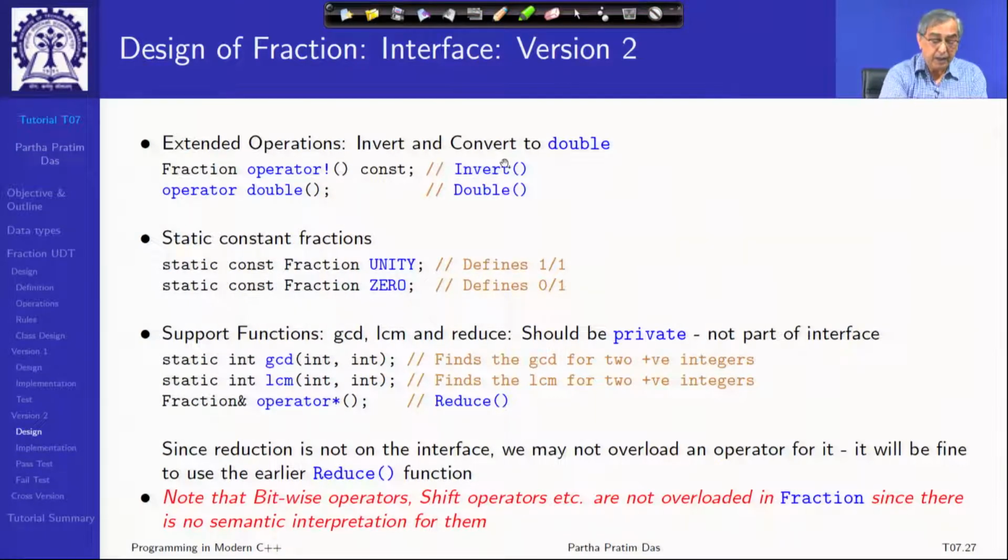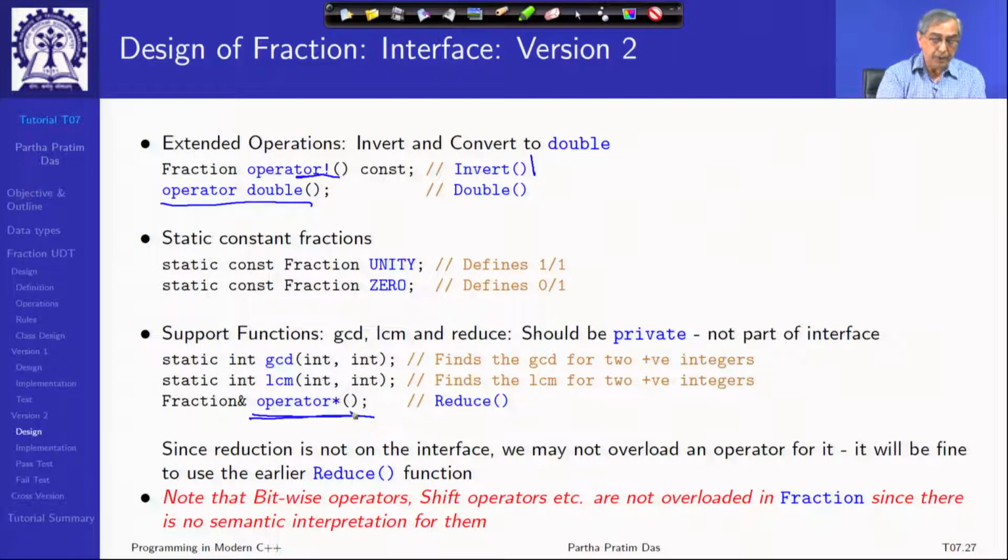So, I have this exclamation for negate, I have operator double for the conversion and so on, and I have mapped reduce to, this is a little unnatural because you do not have a notion of reduce in int, but I have mapped the dereferencing operator because it takes content. So, reduce is taking out the proper content.